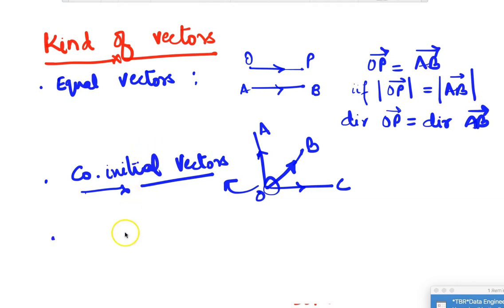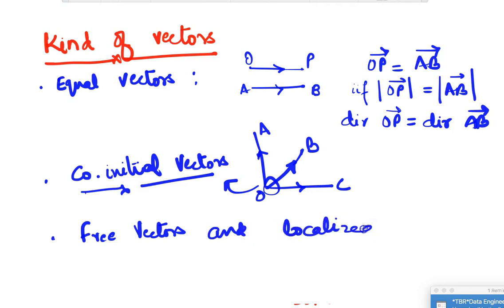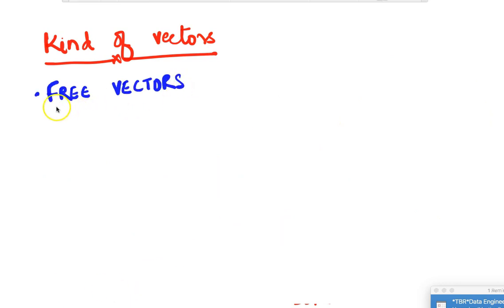Another concept that we will learn is free vectors and localized vectors. Let's clear some space and then talk about these two concepts. Free vectors.